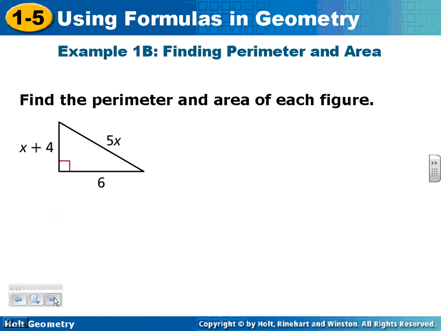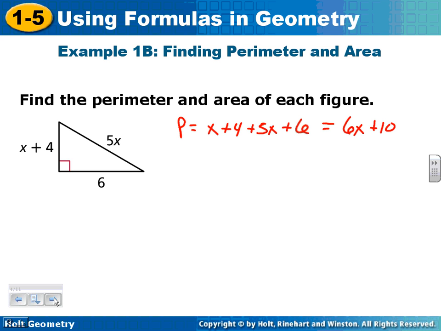What about a triangle? Find the perimeter and area of each figure. The perimeter here is just to add up the sides. It's going to be some algebra here: x plus 4 plus 5x plus 6. And when we combine like terms, looks like that's going to be 6x plus 10.